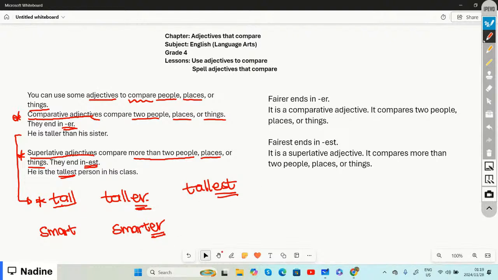But if we compare them to the rest of the class, right? And then we can say that Jake is, for example, the smartest. And it ends in est, smartest. That compares more than two people.